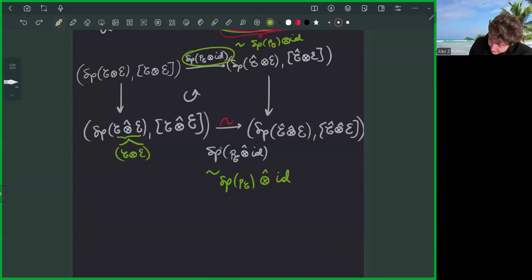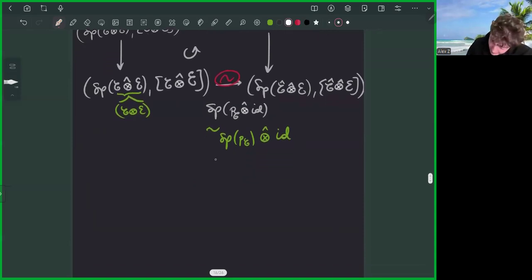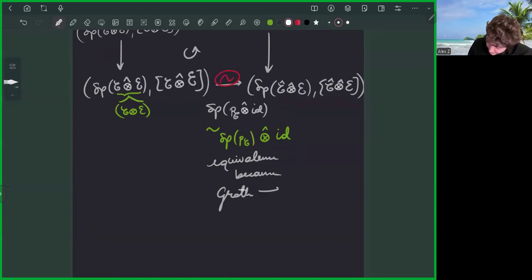This thing here is this map. The funny thing about this is an equivalence, and Y is an equivalence. So this bottom horizontal map is an equivalence because of the map from Groth to here.